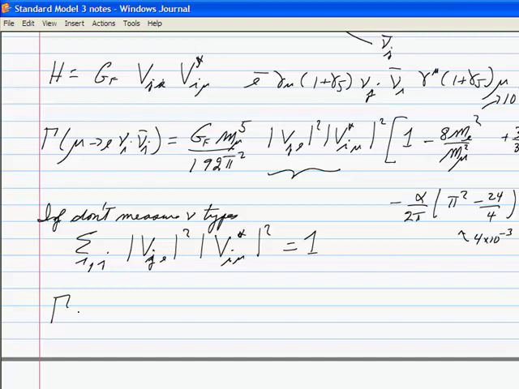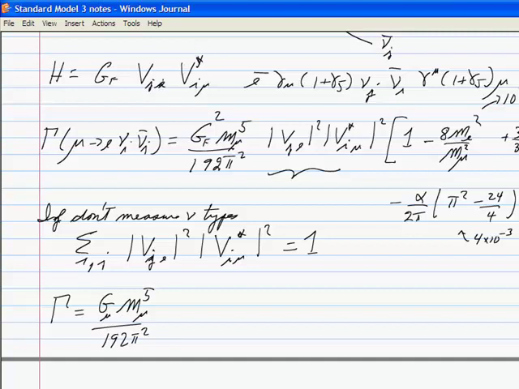The total decay rate then turns into G, sorry, that was G squared, M_mu to the 5th over 192 pi cubed.